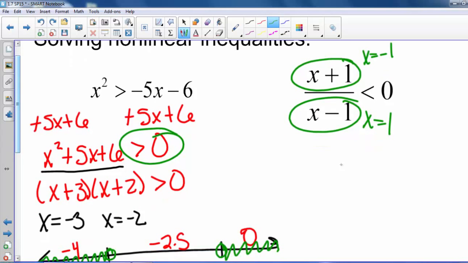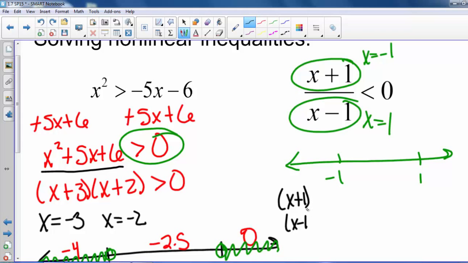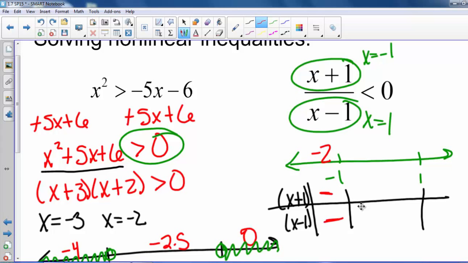We put these on a number line, so we have negative 1 and 1. We put our factors on the side, so x plus 1, x minus 1, and then we do our sign chart. So if we test something less than negative 1, like negative 2, negative 2 plus 1 is negative, negative 2 minus 1 is negative.